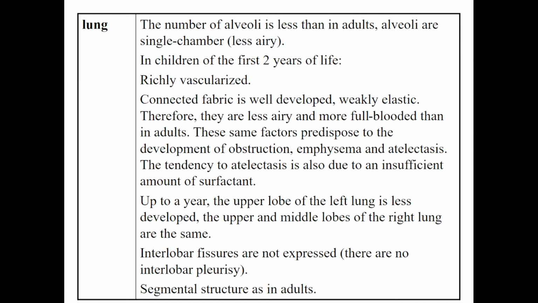Therefore, they are less airy and more full-blooded than in adults. The same factors predispose to the development of obstruction, emphysema, and atelectasis. The tendency to atelectasis is also due to an insufficient amount of surfactant.